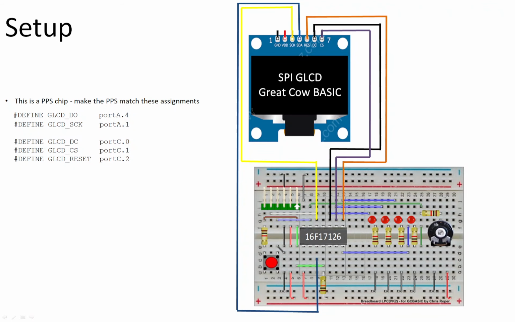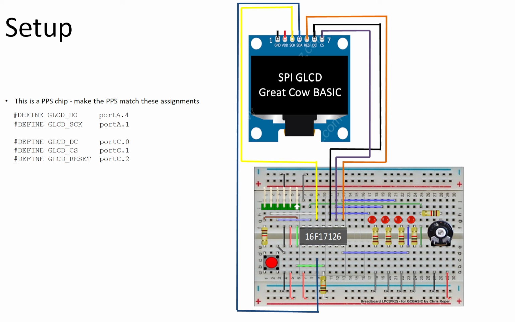So what we're going to do is connect up a GLCD, and it has 1, 2, 3, 4, 5 connections to control it, plus the ground and VDD. On the left-hand side, there is a listing from the program. We have a data out on A4, SCK on A1.